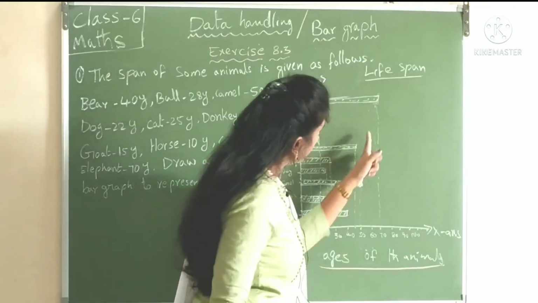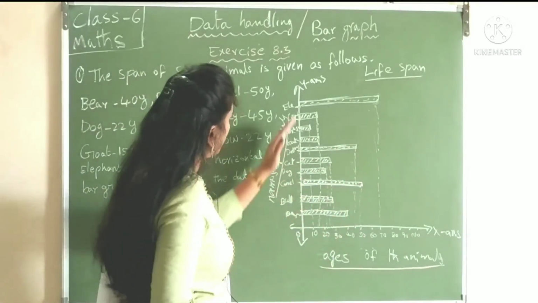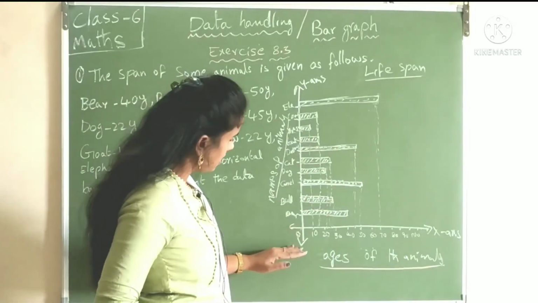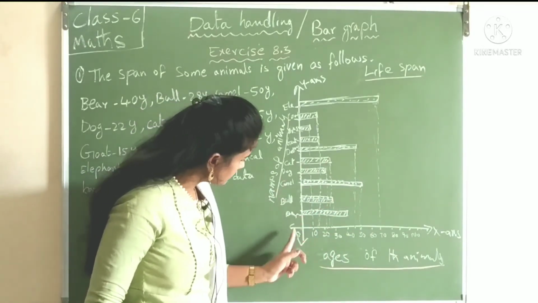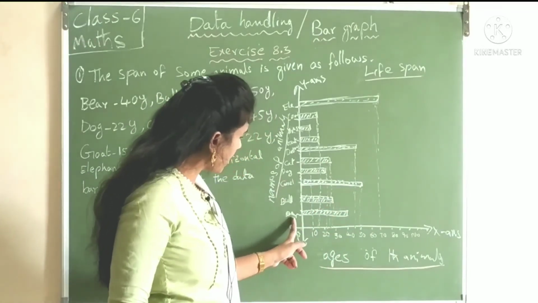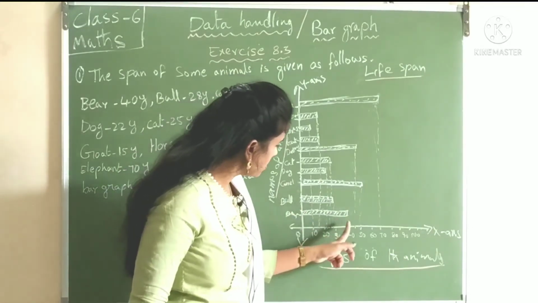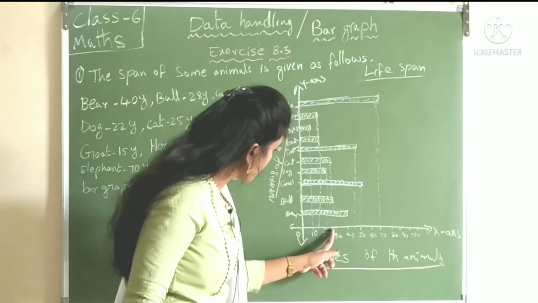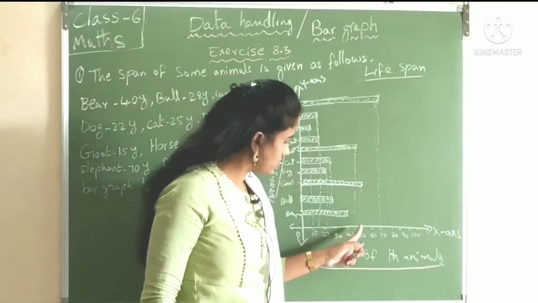So this is the lifespan of animals. See, through the bar graph you can read the ages of animals. First, bear has 40 years and bull has 28 years. Camel has 50 years.